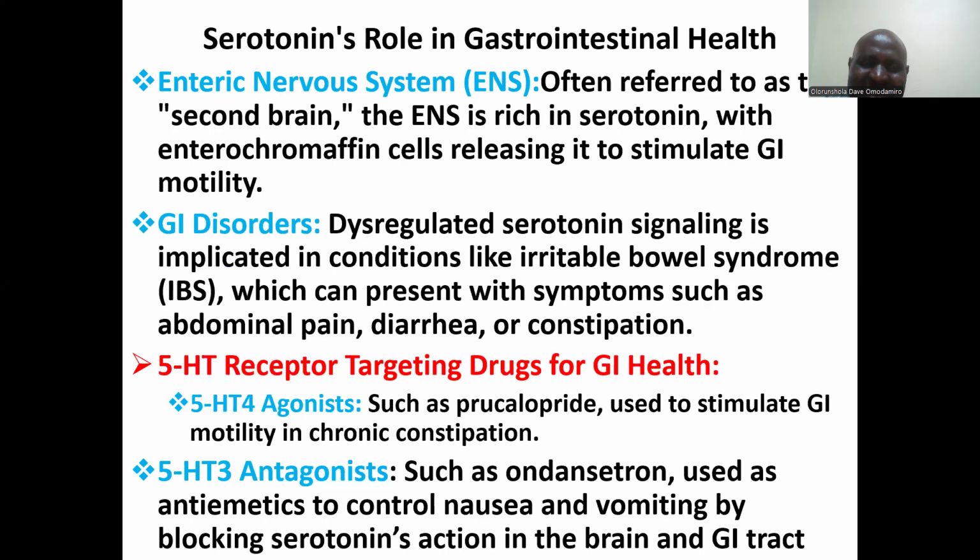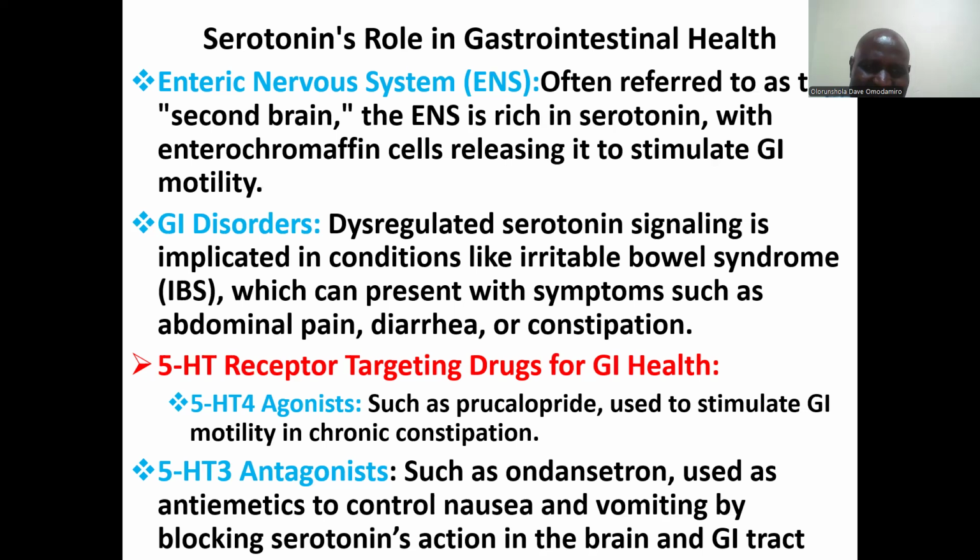The enteric nervous system is rich in serotonin, with enterochromaffin cells releasing it to stimulate GIT motility. So in GIT disorders, dysregulated serotonin signaling is implicated in conditions like irritable bowel syndrome, which can present with symptoms such as abdominal pain, diarrhea, and constipation.